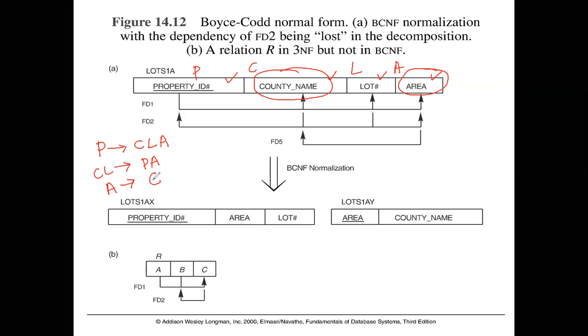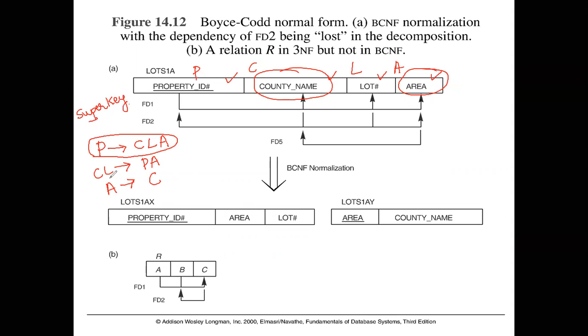So when we have this kind of situation, you can observe that here P is determining C and A is determining C. And in BCNF, the left side of a functional dependency has to be a super key.